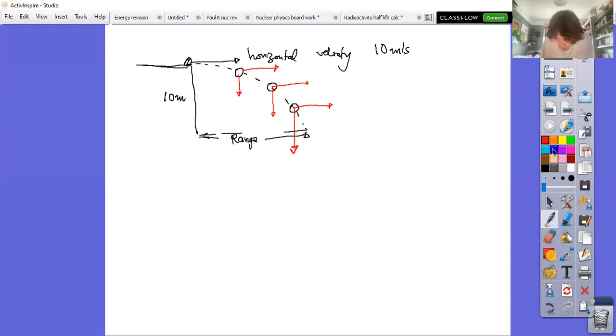So when we do SUVAT in a case like this, if they wanted us to find what is the range, because the range is in a horizontal plane, it means really what we're going to concern ourselves with are the things that are acting horizontally. Because remember, we're dealing with vector equations, so the direction or the plane we deal with is very important. So if I wanted to find out the range, what might I start off with?